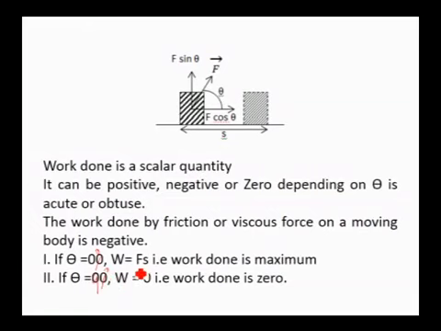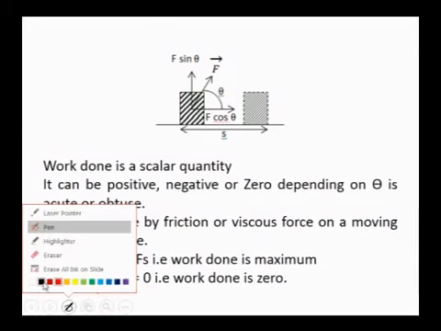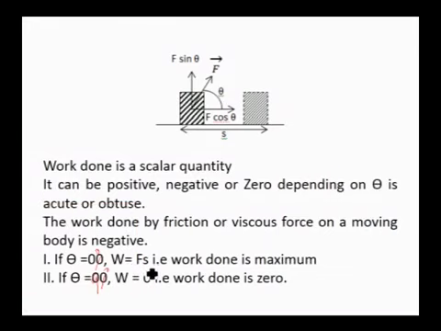The work done is force into displacement. The work done will be maximum when the angle between them is equal to 0. So maximum force is applied in the direction of the displacement, and therefore maximum work is done.